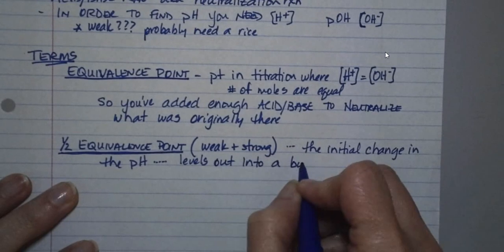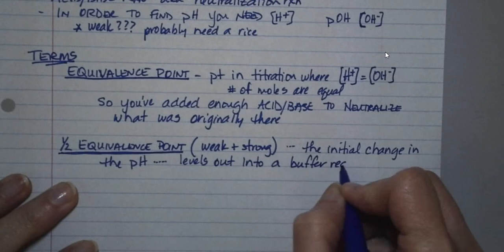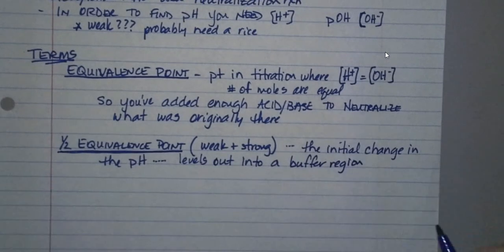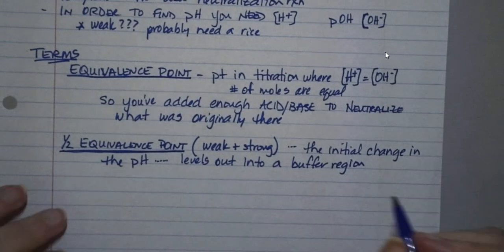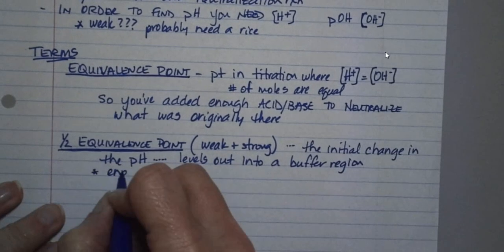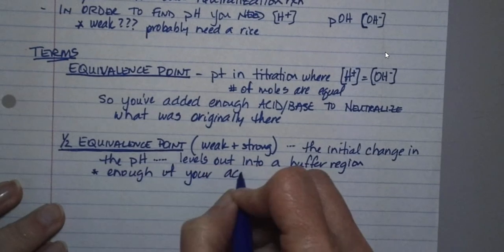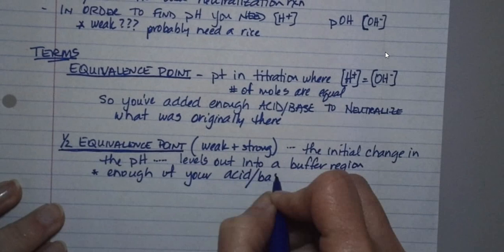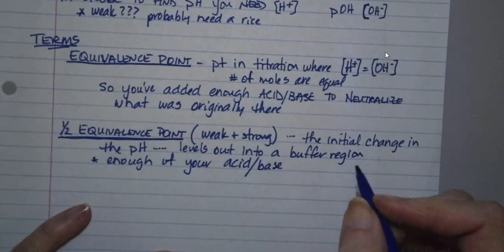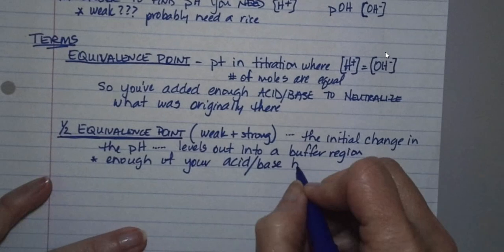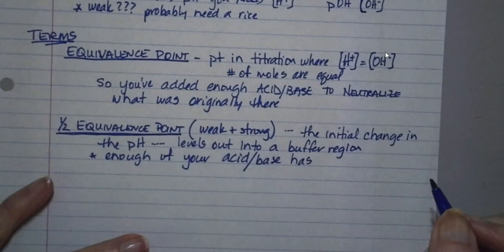And it's midway along the buffer region. Enough acid, or the base, has been added to convert half of the original to its conjugate. Okay, so here's where it is. This was what it means. Enough of your acid or base, it just depends which one you're working with, has been added to convert half of the original acid to its conjugate, to use up half the original acid or base.